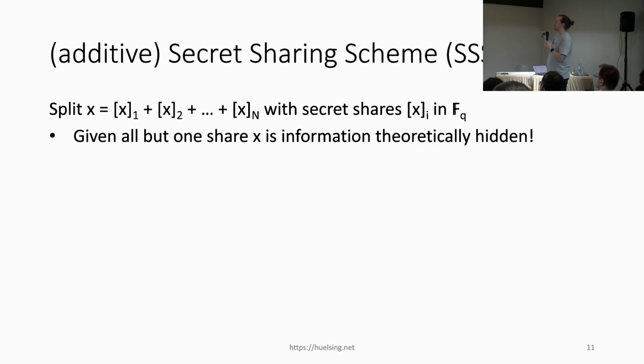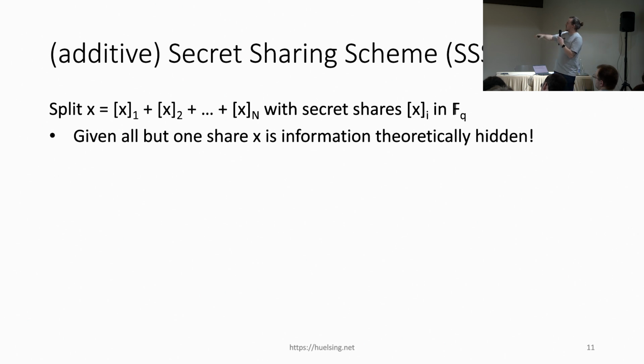A core ingredient that we will use is an additive secret sharing scheme, and this is as simple as it gets. You can think about this as a multiple times one-time pad. So you split a value x into the sum of random shares. There are different ways to do this.